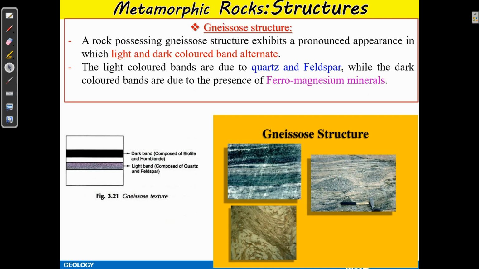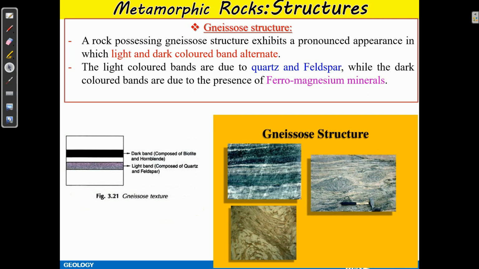In rocks that have been thoroughly recrystallized under the conditions of high grade metamorphism, they got enough time; the rock has undergone metamorphism for enough time, then this type of structure is formed. See here, white band, then dark band, then white band, then dark band.